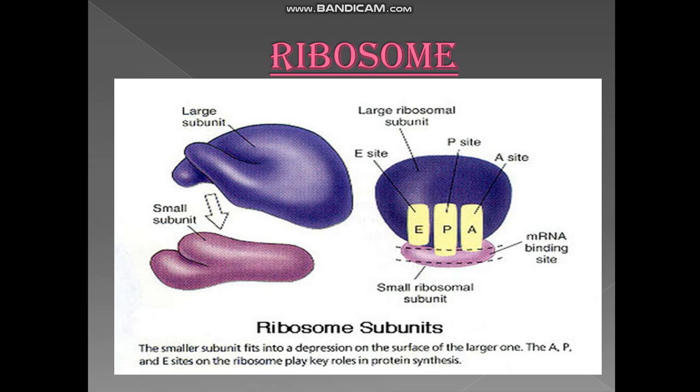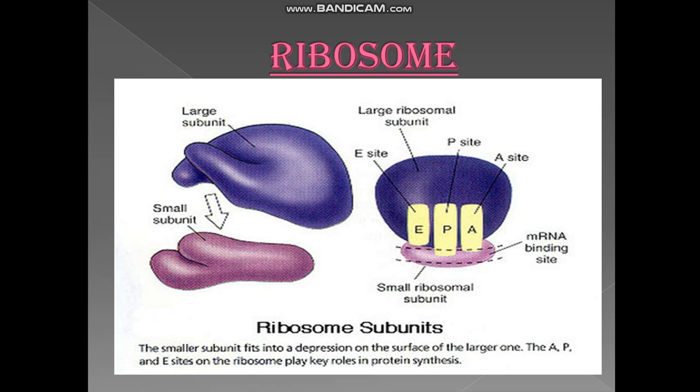So the smaller subunit will hold the messenger RNA in place, and the larger subunit will allow the transfer RNA to come and read the codons through the anticodons. I will tell you about the structure of the tRNA once more, then it will be clearer.